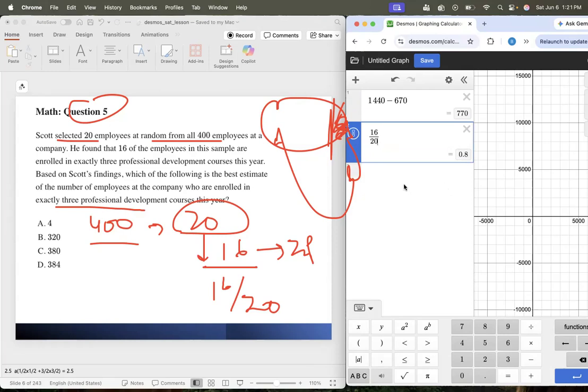Compared to a larger population, I'm going to multiply, common sense wise, the whole population by 0.8. And that will give me 320. And that's your right answer. There's another way you can do it. You can use ratio, but this is the easy way. Find the actual percentage of people who take 3 courses and then multiply it to the whole population. And therefore, the right answer is B.